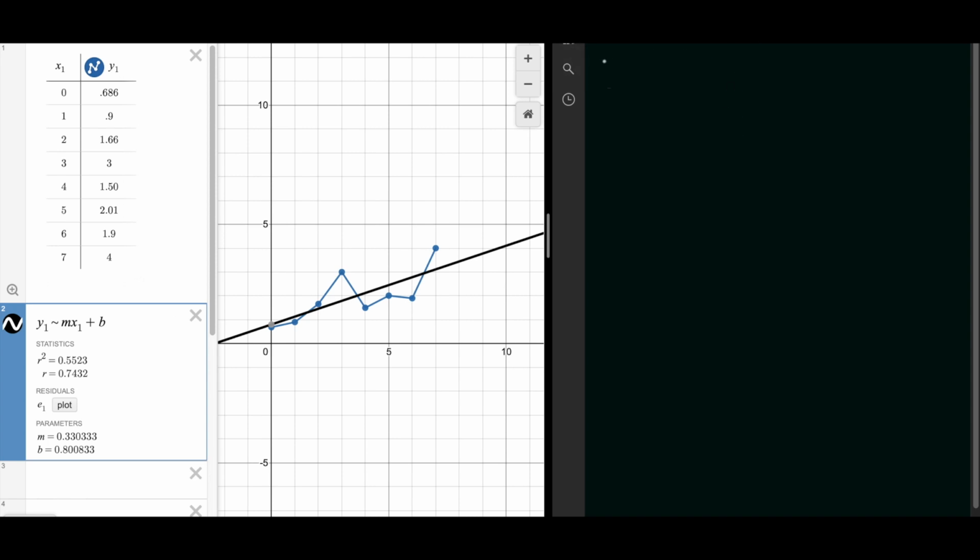Here it says the line of best fit is y equals mx plus b, where m is 0.330333 and b is 0.8000833. So that's the equation of this line.